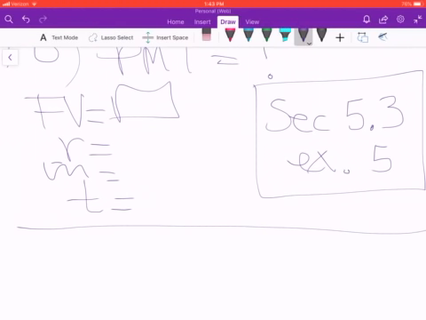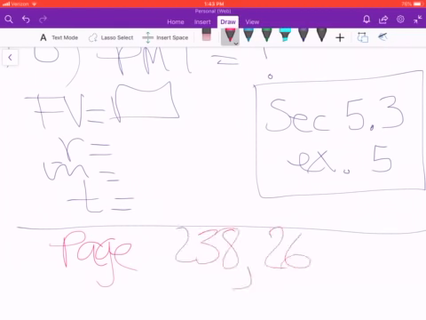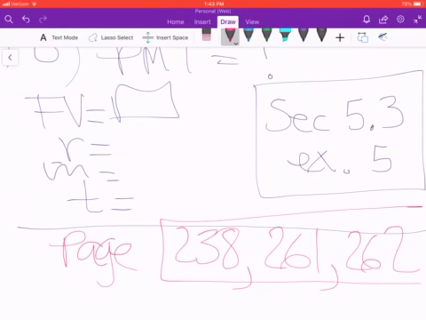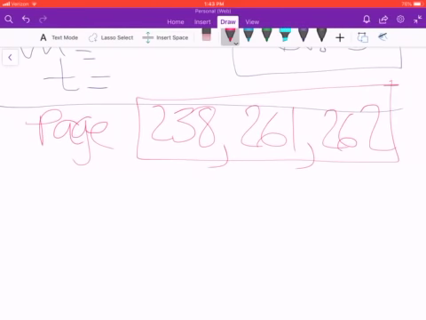So for the last 3 questions, I want to tell you that if you look at pages 238, 261, and 262, you could find a pretty good summary of the formulas and an explanation of each formula, including definition of each variable.